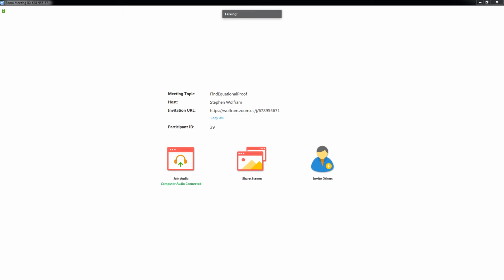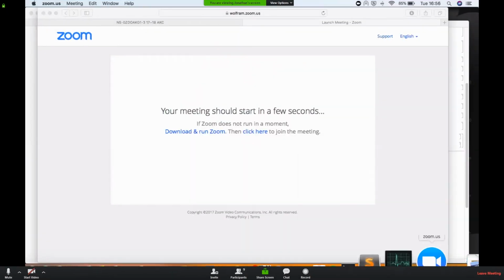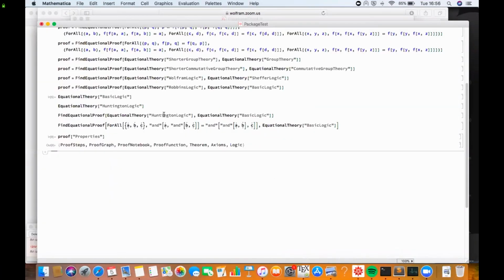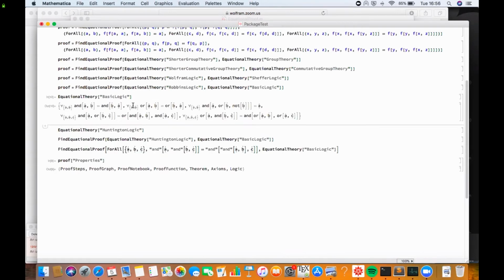Let me share the screen. So the essential idea was you'd be able to say equational theory, basic logic, and it would give you a list of axioms which you could then put into find equational proof using formal symbols. And then you'd have an association which would allow you to parameterize each of the operators.